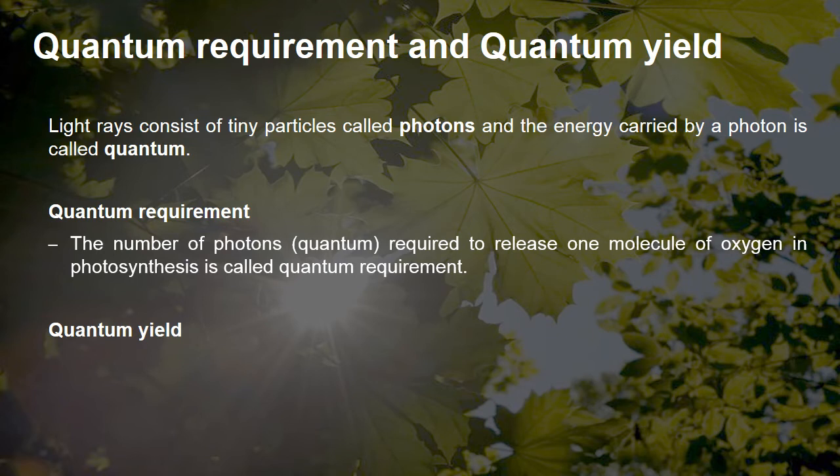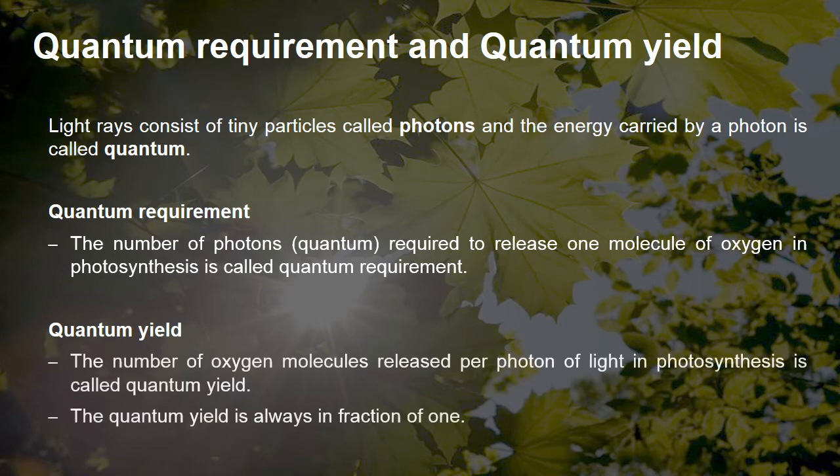The number of photons, which is a quantum, required to release one molecule of oxygen in photosynthesis is called quantum requirement. And the quantum yield is the number of oxygen molecules released per photon of light in photosynthesis. The quantum yield is always a fraction of 1, which means the value is always less than 1. This is with regard to quantum requirement and quantum yield.